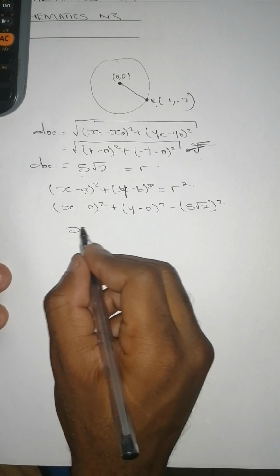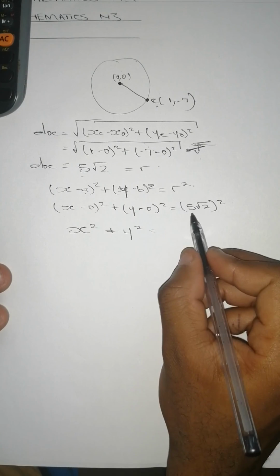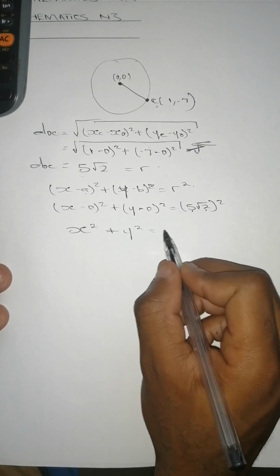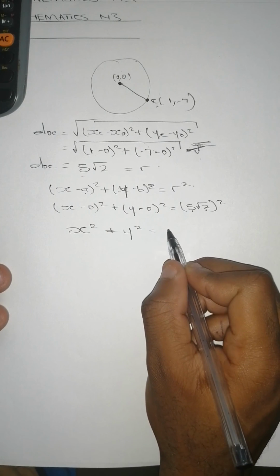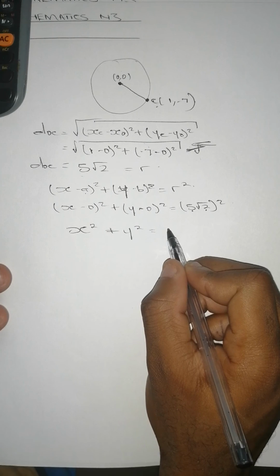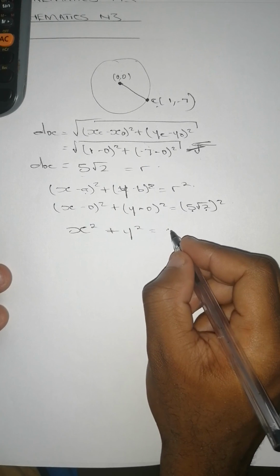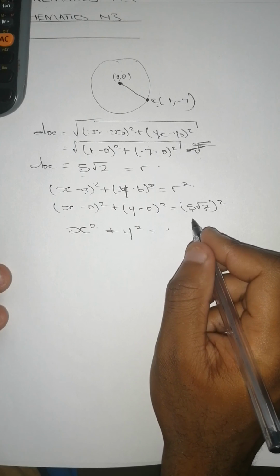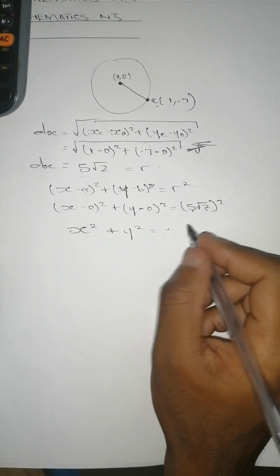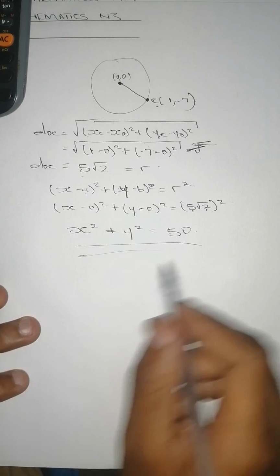We end up with x squared plus y squared equals... No, this 5 squared is going to be 25, and this is going to be 2, so it's going to give us 50.